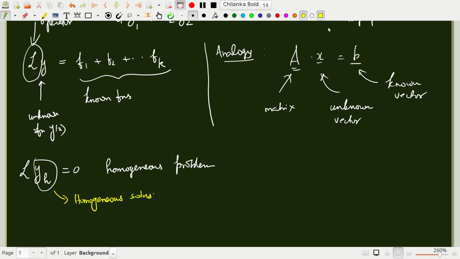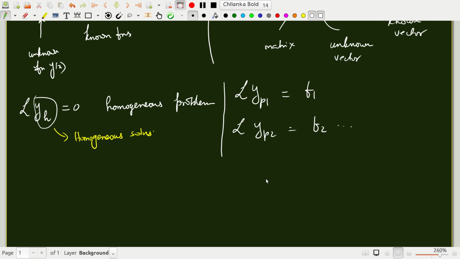Because the system is linear, you can get the particular solution in parts. That is, L operating on yp1 is f1, L operating on yp2 is f2, and so on, all the way up to L operating on ypk is fk.